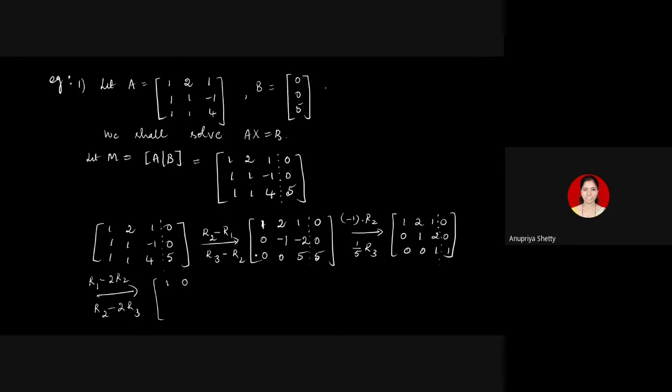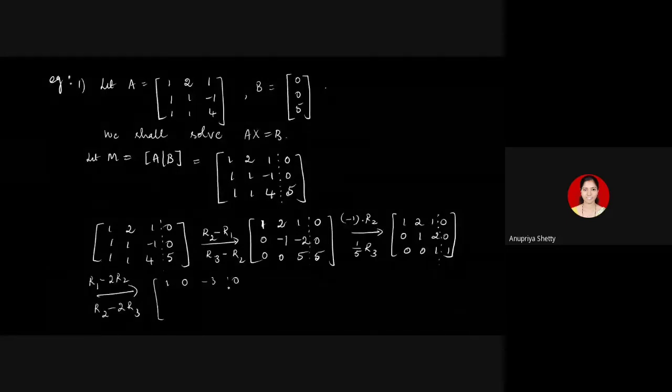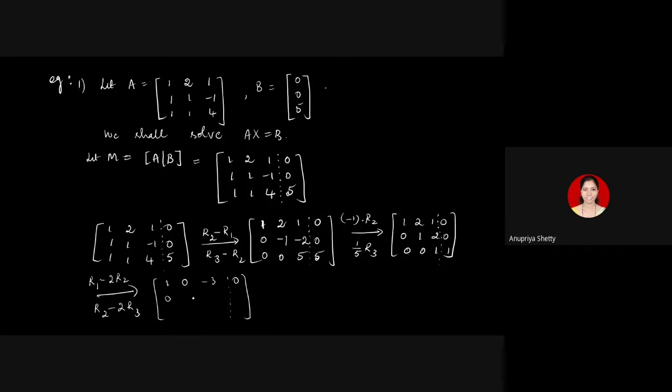This 1 will not change because below that there is 0 already. 2 will change to 0, and 1 minus 4, you get minus 3 and 0 there. And the second row would be 0, 1, that 2 will vanish, that becomes 0, and 0 minus 2 is minus 2. Then the last row is 0, 0, 1, 1.